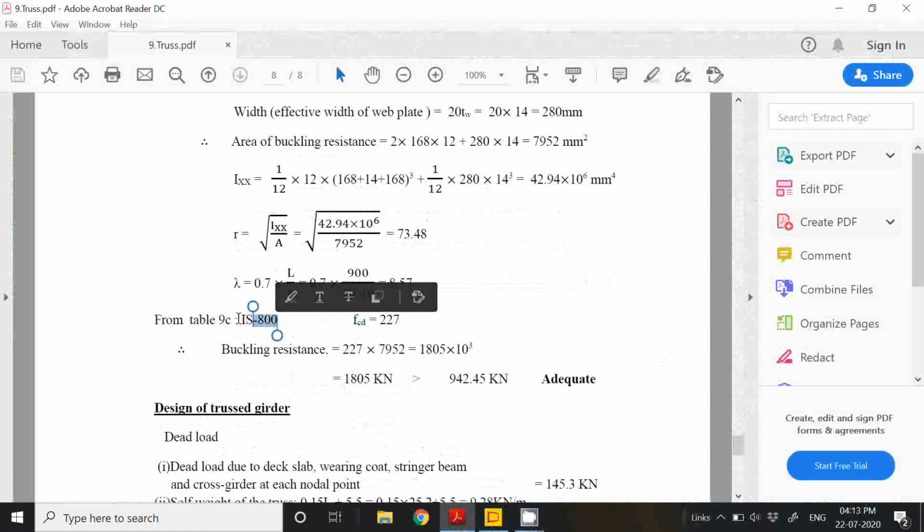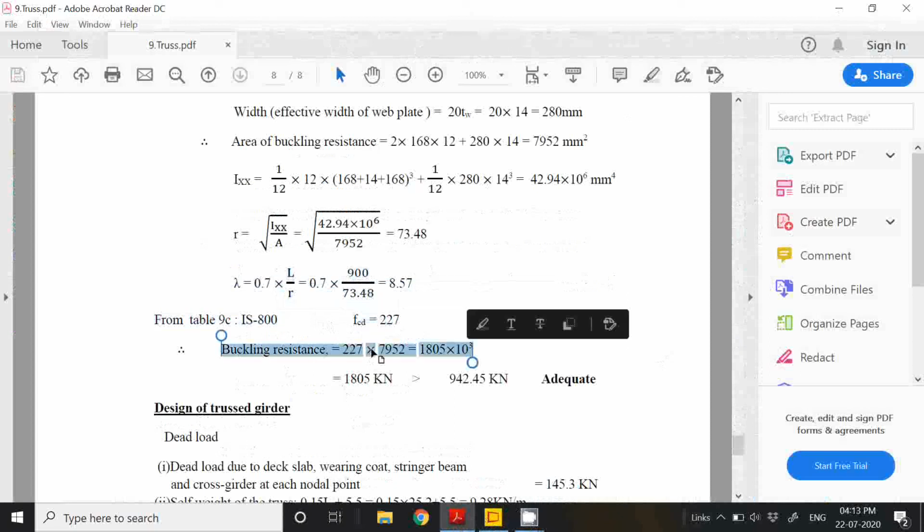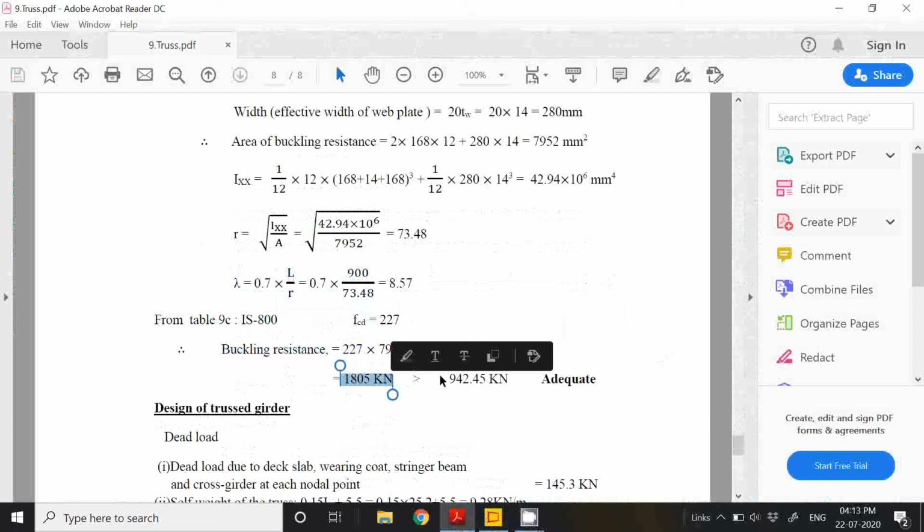There are various tables given, and from there we have to find FCD using the slenderness ratio that you will know. Then buckling resistance is the FCD into the area. This is area, this is FCD. So we get this buckling resistance, which is greater than the applied force. So it is adequate.